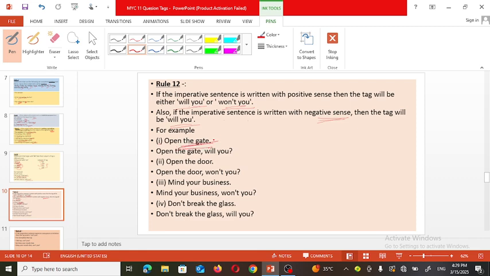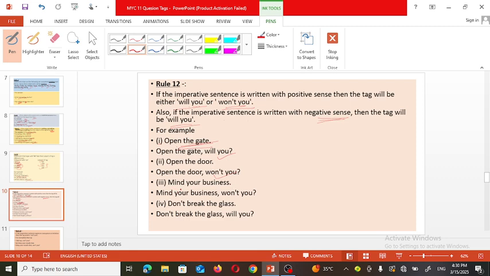Imperative means orders, instructions like that. So in such cases, we can take positive or negative both ways. Open the gate. When the speaker is expecting something that the next person will do, will you? And when we are giving a warning or like that, open the door. Won't you? Like that it is.